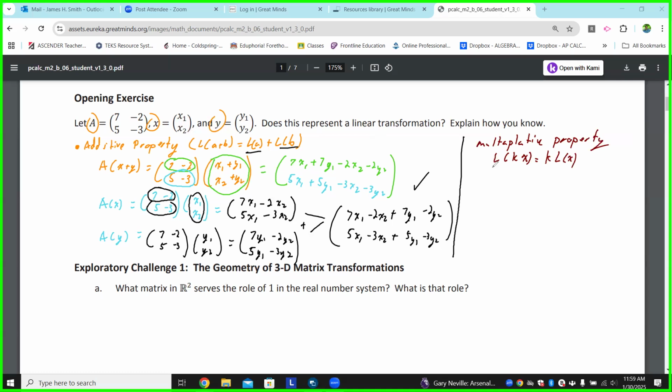The only thing that's different is L is going to be the A. So I'm going to prove what A(kX) is. So A would just be 7, -2, 5, -3.